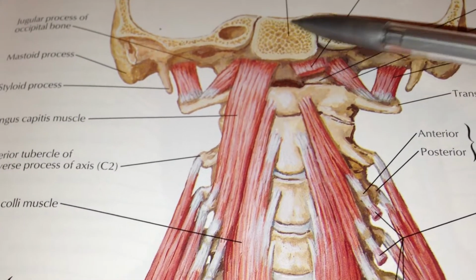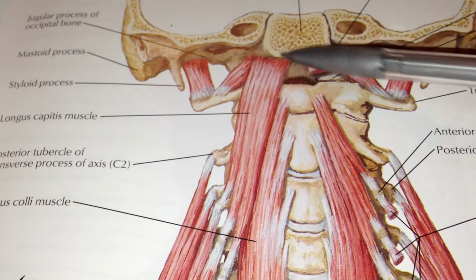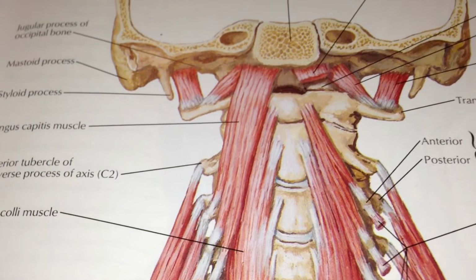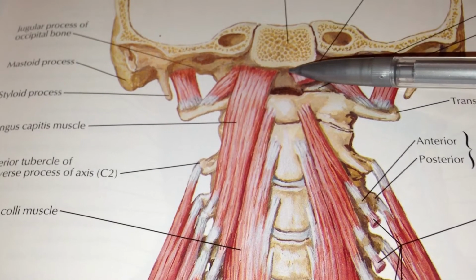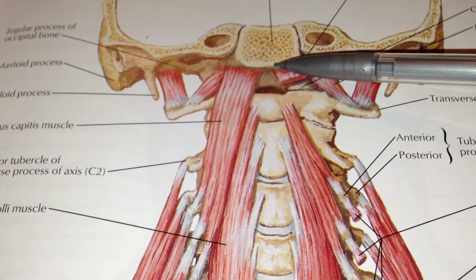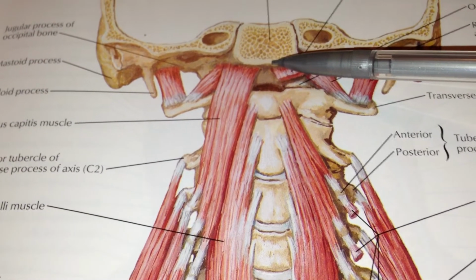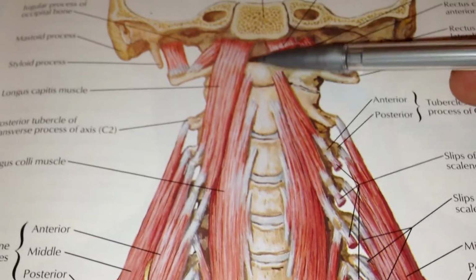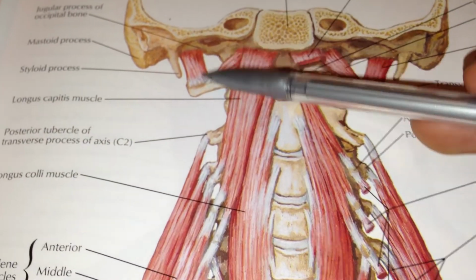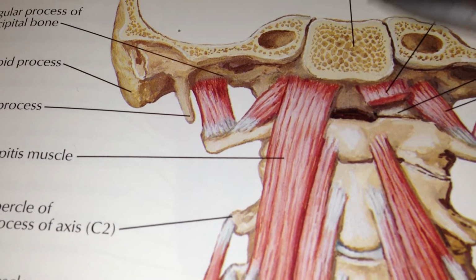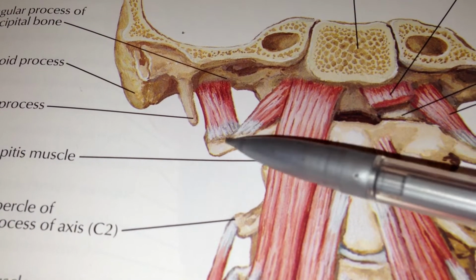You see this part? The basilar part of the occipital bone. And the basilar part of the occipital bone will be a continuation from the foramen magnum to the occipitosphenosynchondrosis.